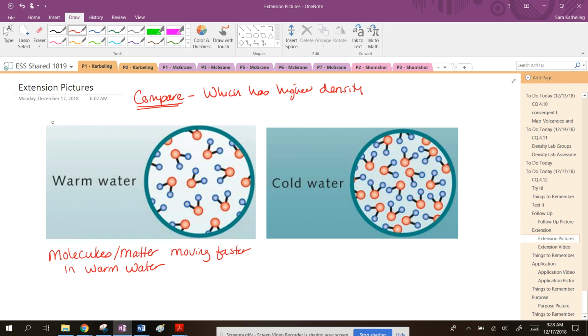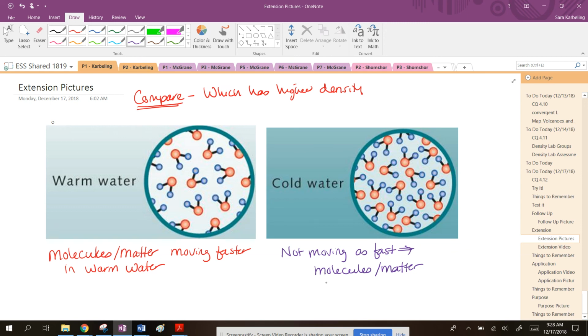So the cold water, it's not moving as fast, so they're more like together. Yes. So not moving as fast, which means that the molecules or the matter, and you don't have to write molecules or matter, just pick the one that you prefer. Pick the one that makes the most sense to you and your brain, okay?